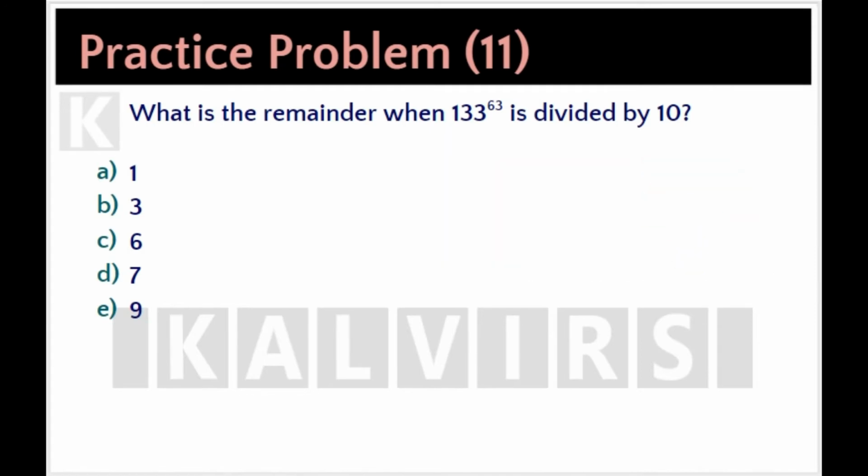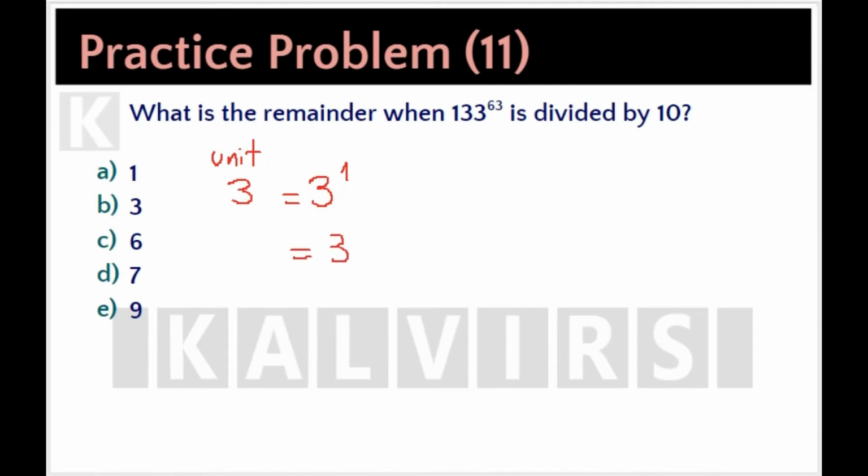Now, does number 3 have a unit digit sequence in its power? Sure, it has. Let's find out the sequence. Three to the first power is 3. Its unit digit is 3.